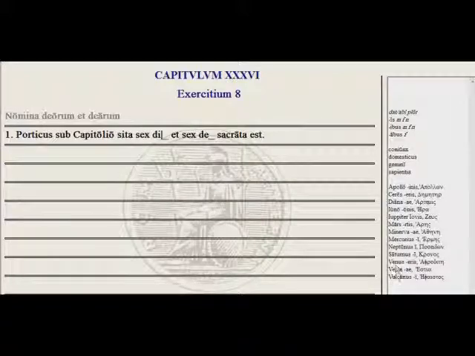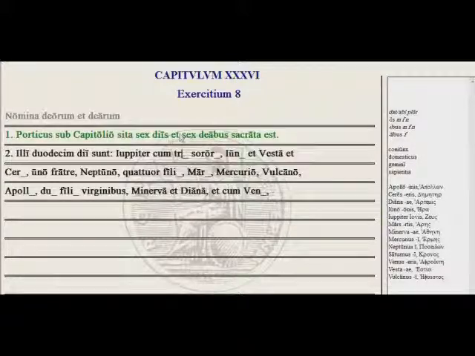So pay attention to the names as you try this exercise. So we have the porticus sub Capitolio sita sex blank et sex blank sacrata est. The portico situated under the Capitoline Hill was dedicated to 6 gods, deis, and 6 deabus, that new form from dea.